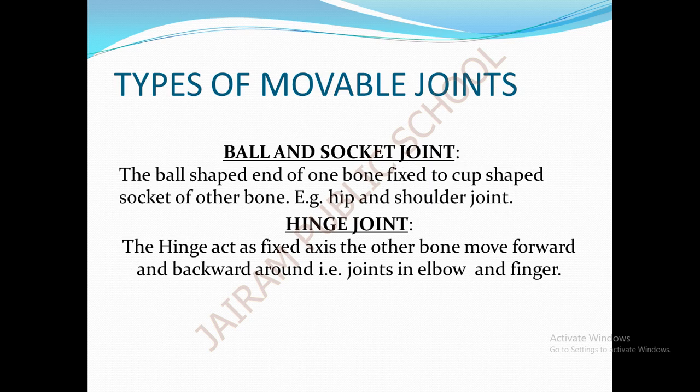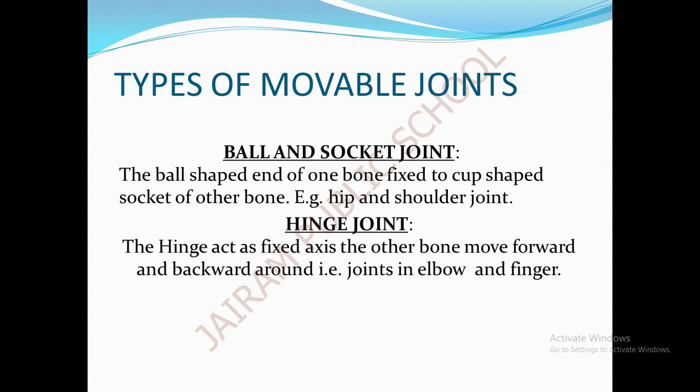The next type of joint is the hinge joint. Have you observed the movement of a door? The door is attached to the frame by metal clips called hinges. The hinge acts as the fixed axis, whereas the door can only move forward and backward around its fixed axis. Thus, the hinge limits the movement of the door.